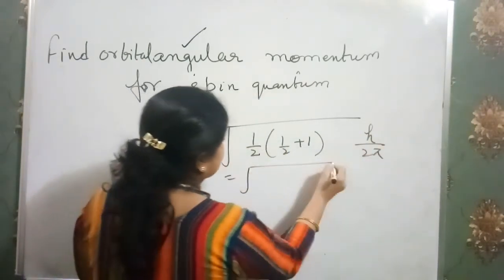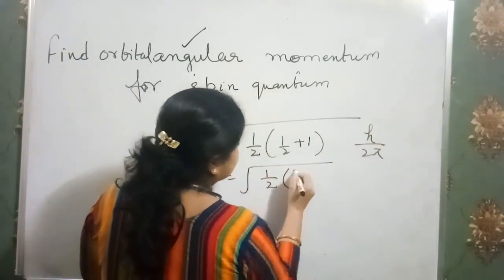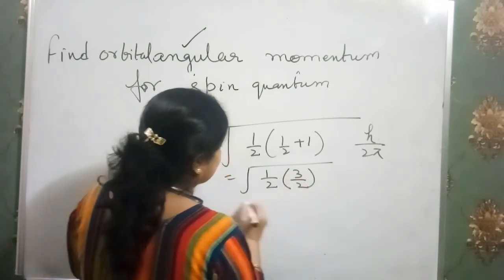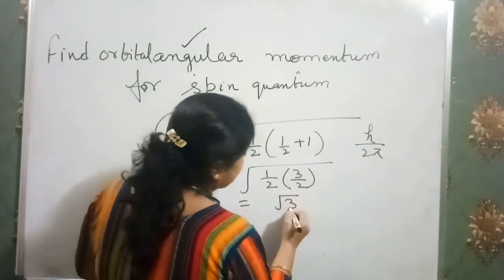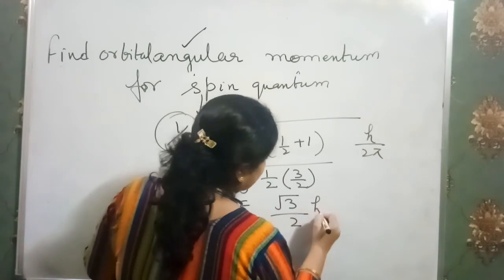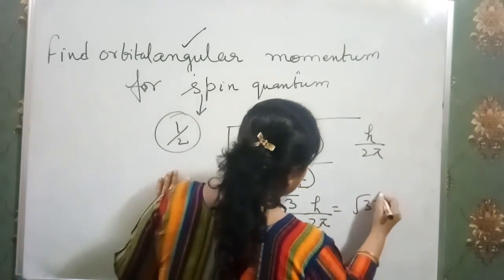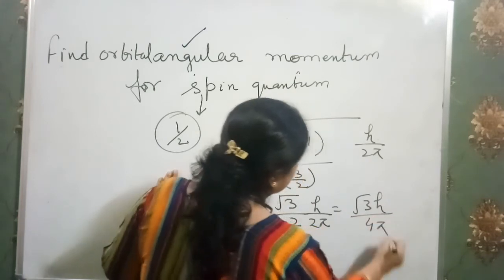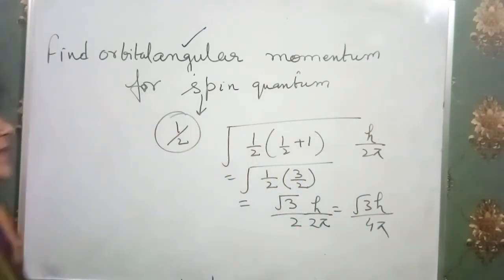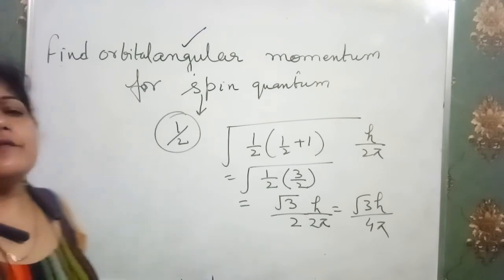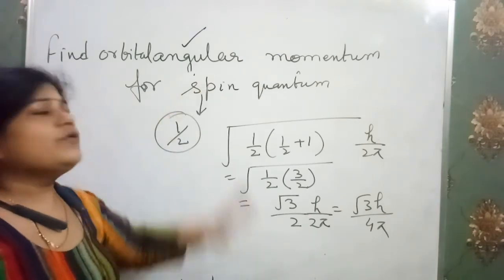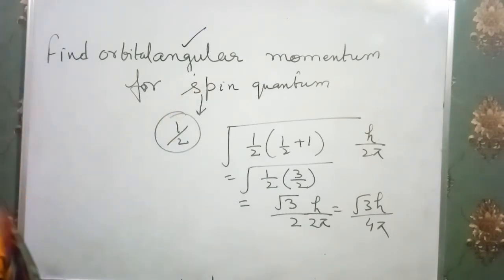So we have 1 over 2 times 3 over 2, that means we have √(3/4) h/2π. Clear? So we have √3 h/4π for the spin quantum number. In this way, we solve different angular momentum questions.